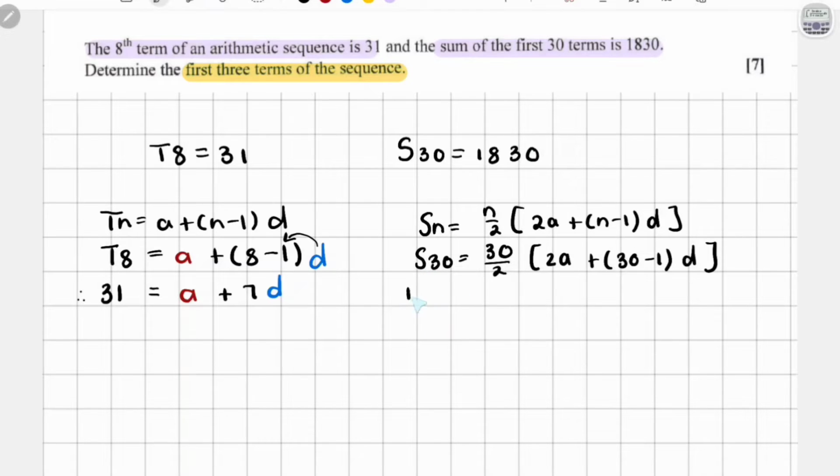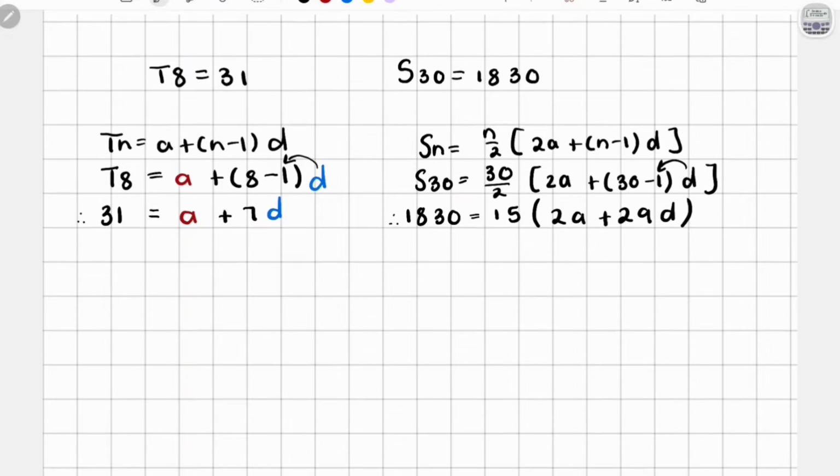In place of S30, we say 1830 is therefore equal to, what is 30 divided by 2? That's 15. And then this we can just simplify. So this is being multiplied by 2a, and then we have 30 minus 1, which is 29. And d is multiplying by that 29. So plus positive 29d.